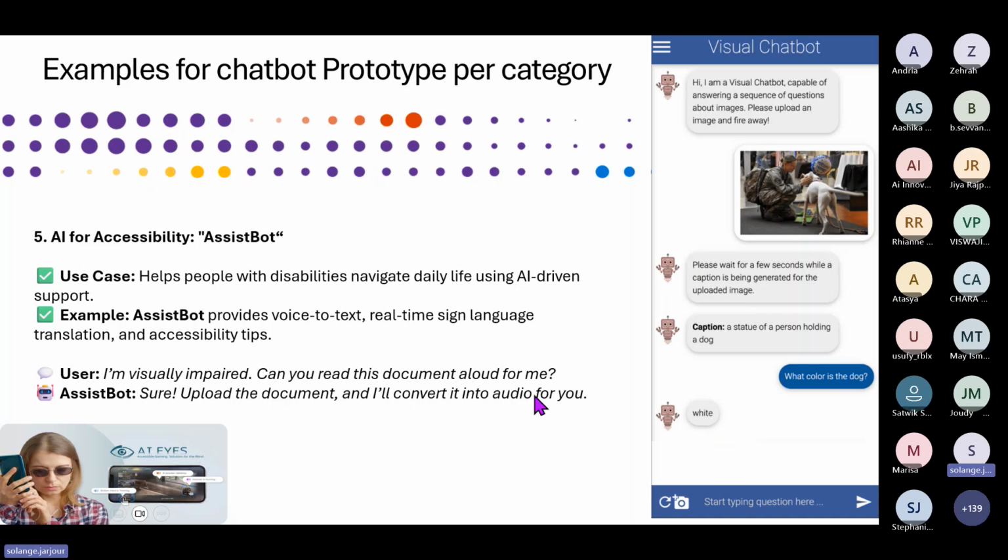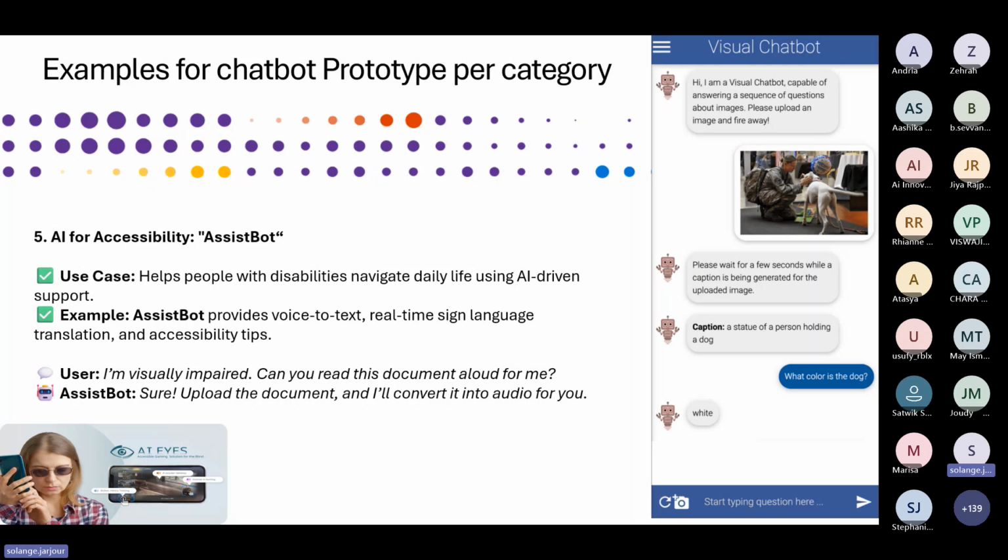So a lot of nice examples under each category. The most important point here is to find the problem, try to solve it using AI, try to remember the API that we discussed, and then start creating a prototype. And a chatbot could be one example of those prototypes.